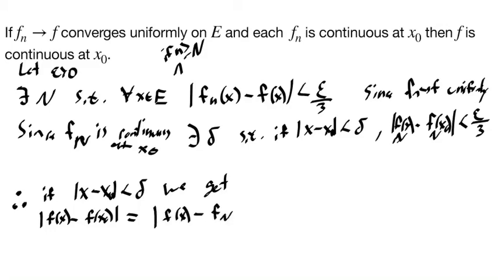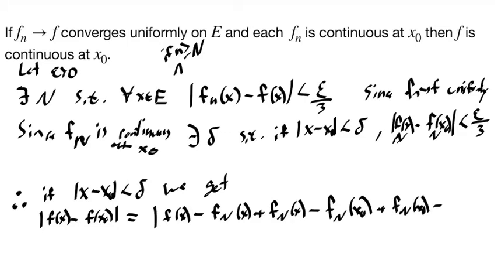So I'm going to do f of x minus f capital N at x, because I want to compare my f to my capital N using uniform continuity. But now I've got to add that f capital N back in, but I'm going to subtract out. But now I'm going to use capital N at x is close to capital N at x naught. And then I'll go plus f capital N at x naught minus f at x naught.